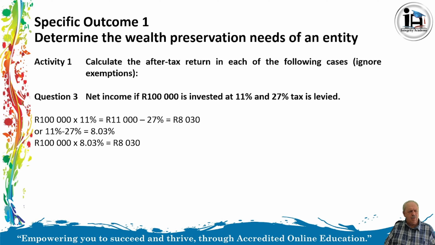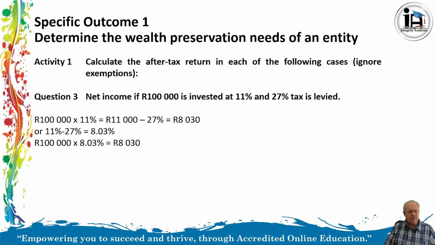Now let's look at a more calculated scenario. Here we say he's got 100,000, he invested at 11%, and his tax rate is 27%. So 100,000 times 11% gives you 11,000 rand, and if you take off the 27% tax, then it leaves him with only 8,030 rand.